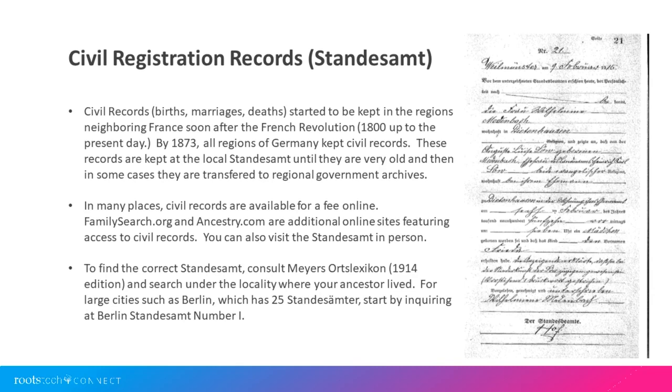These would be places like Baden-Württemberg, Hessen, Rhineland-Pfalz, the Saarland, and to some degree early on in North Rhine-Westphalia, and then that stopped for a while and then picked up again. By 1873, however, all regions of Germany were keeping civil records.